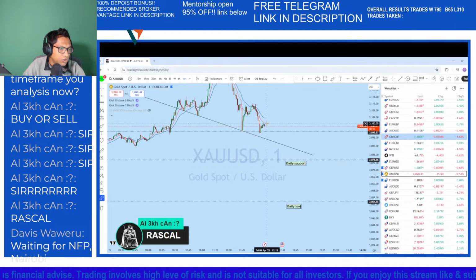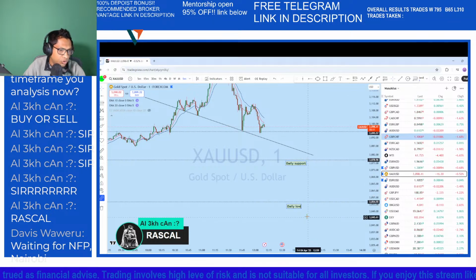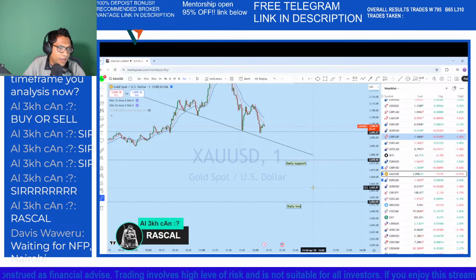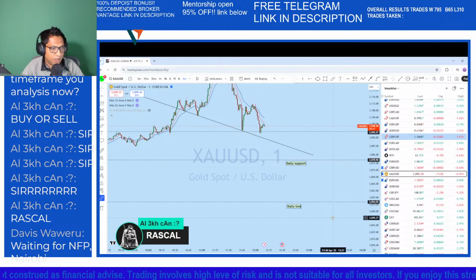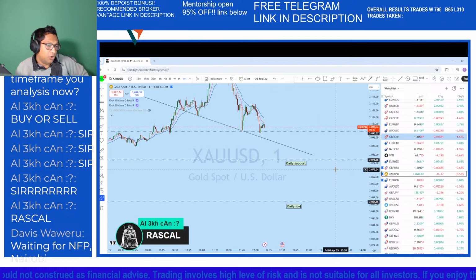I want to see the market come back here to the daily support and possibly touch the daily low, and then we'll be looking at a potential trading opportunity in this market.